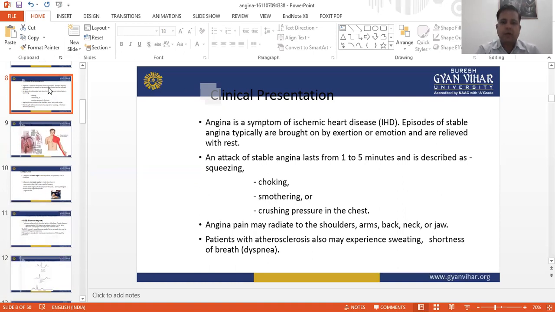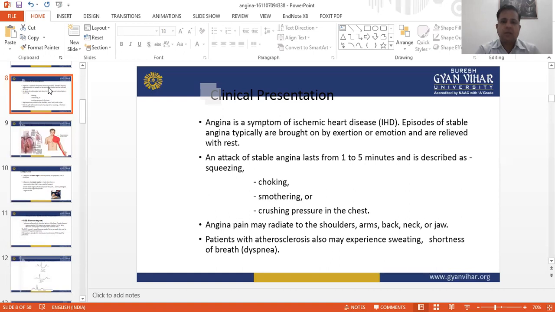An attack of stable angina lasts from 1 to 5 minutes and is described as squeezing, choking, smothering, or crushing pressure in the chest.